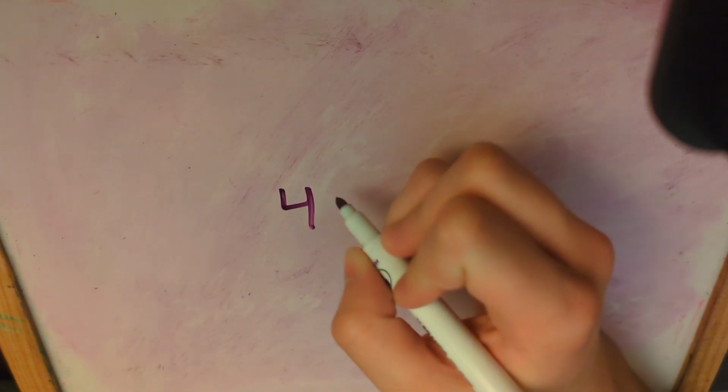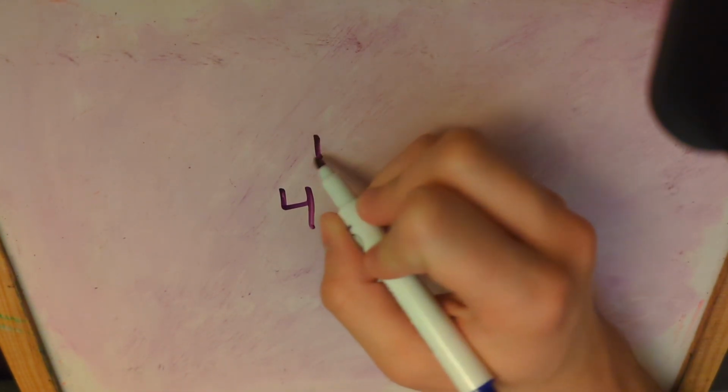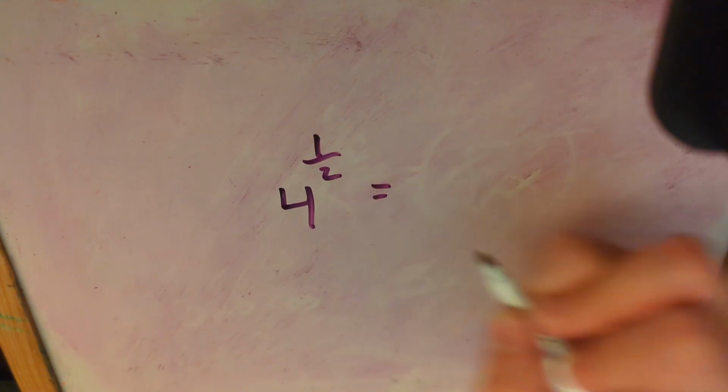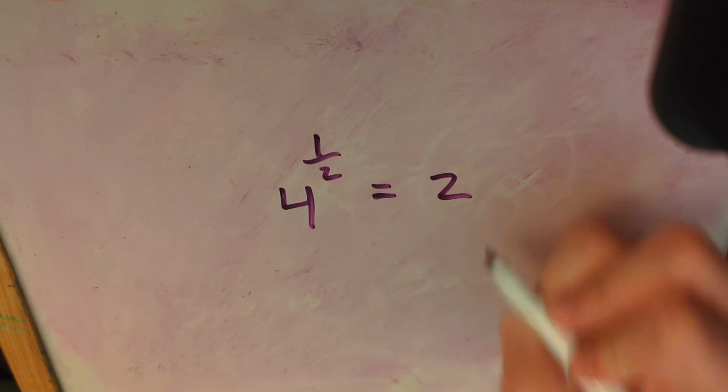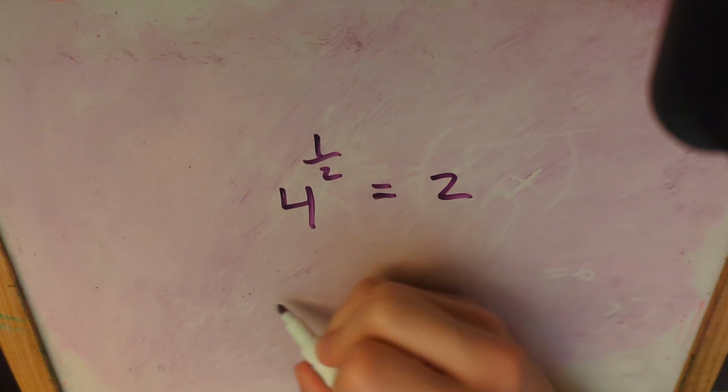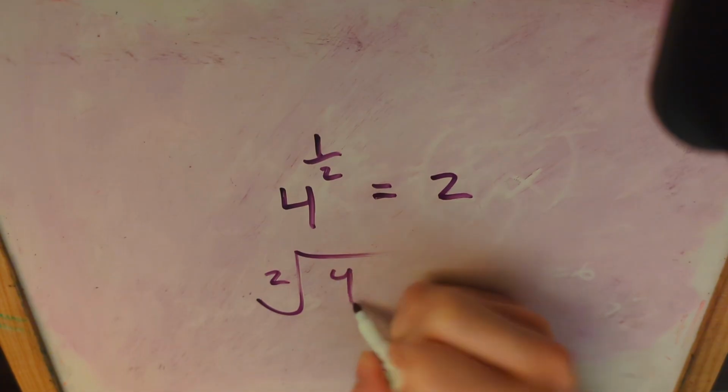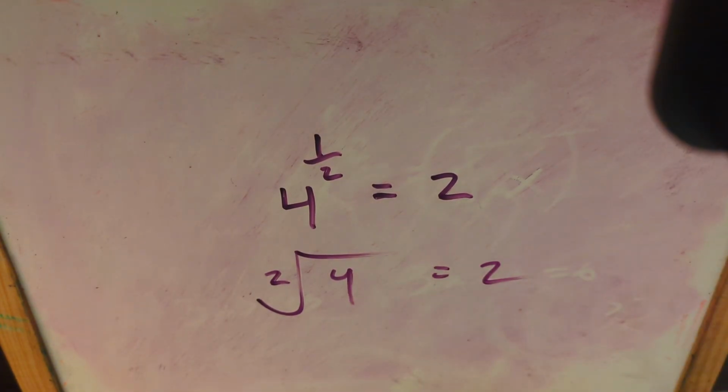So, basically, say we have 4 to the power of 1/2, right? 4 to the power of 1/2 is going to equal 2. The square root of 4 is also going to equal 2.